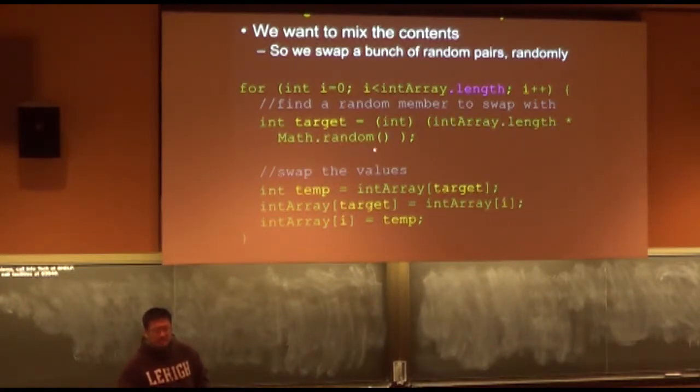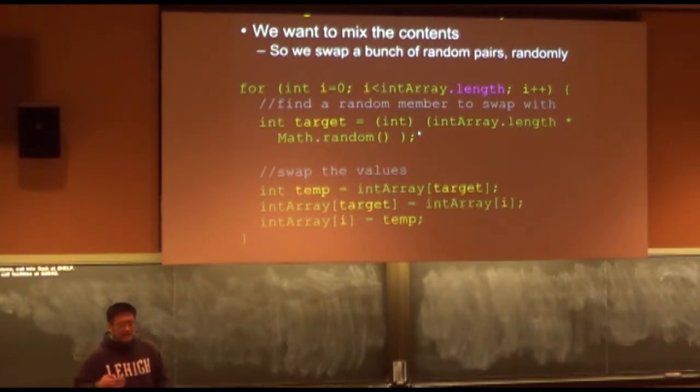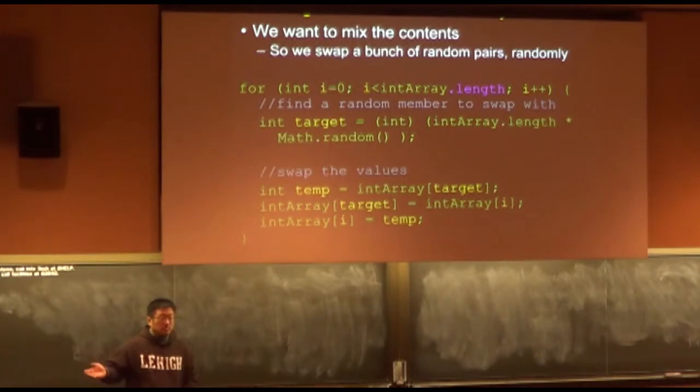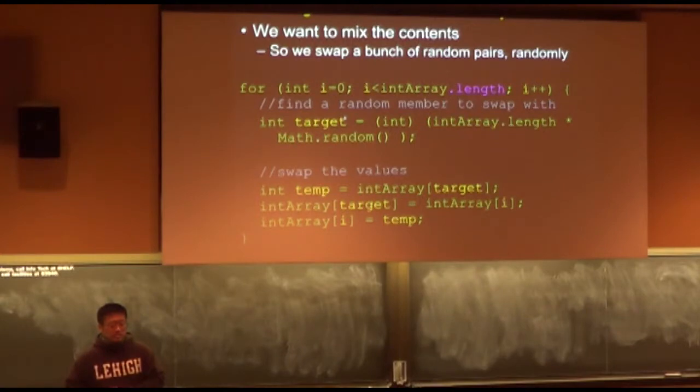So here Math.random is some value from 0 to 1, not including 1, but including 0. So multiplying it by array.length gives us some number, which when we cast it to an integer, has a value between 0 and array.length minus 1. So target is some random number between 0 and array.length minus 1, which is nice because that refers to the index of a randomly selected array member.